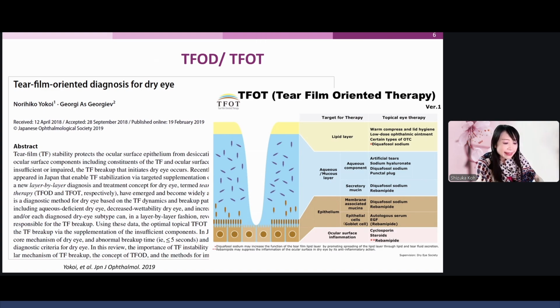The basic idea is very simple. Instead of treating all dry eye patients in the same way, we identify which component of the tear film is deficient and tailor the treatment accordingly.